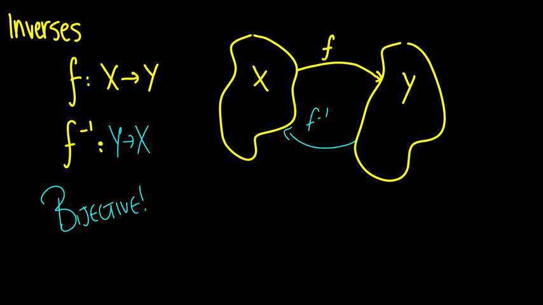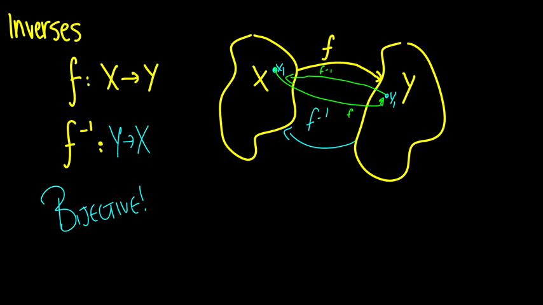Because if there is a 1-to-1 correspondence, that means if I take my x1, I'm going to get to some place in y1 through f, and then I can go backwards and get back to x1 if I just take the inverse of it. So that's all the inverse relationship is.